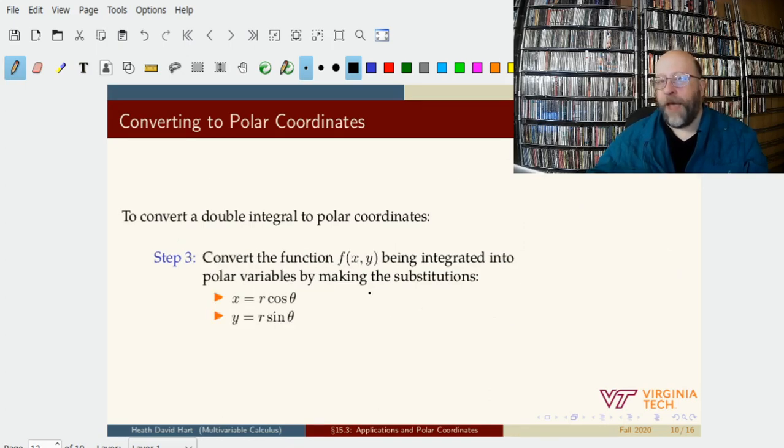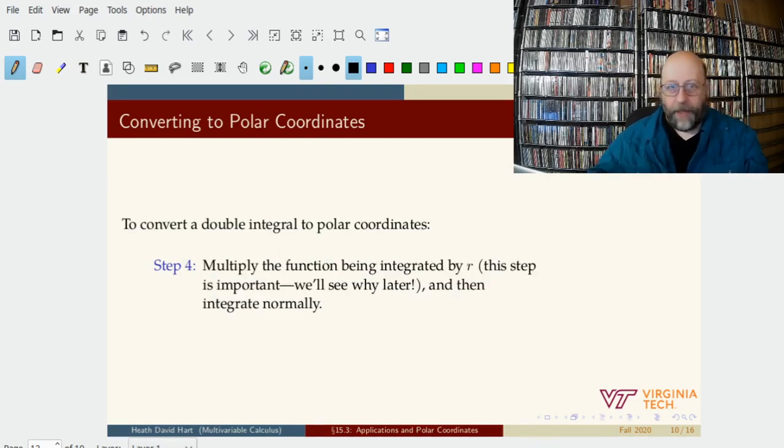And then if we have x's and y's in the formula, we have to convert them by saying x equals r cosine theta and y equals r sine theta. And then this step is unusual. We need to talk about this in a little while. We'll see why later. But the function that we're integrating, we have to multiply that function by r before we integrate it. And then we just integrate it normally. Okay?